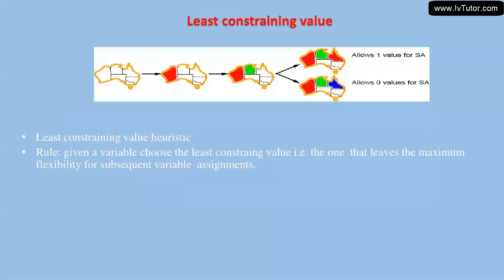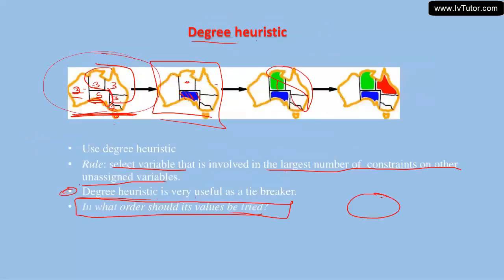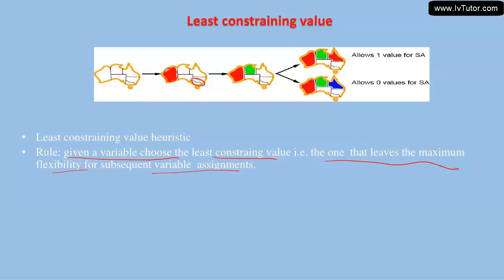The other one we're going to look at is the least constraining value. Given a variable, choose the least constraining value, one that leaves maximum flexibility for subsequent variables. So we're saying we could have gone for this one or this one. This is the opposite of minimum remaining value and the degree heuristic.